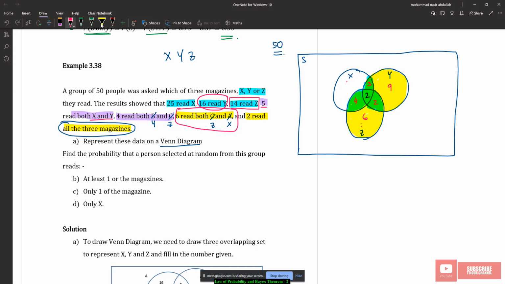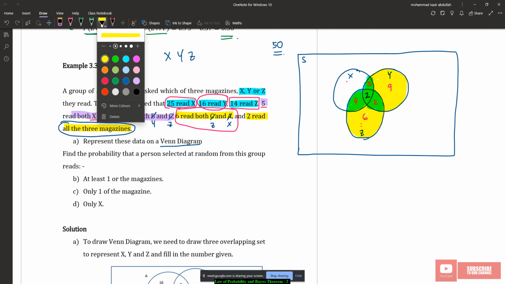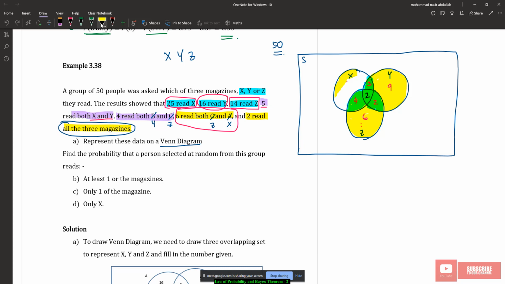And then the last one is 25. 25 are reading X magazine. So we color X magazine here. So 25 minus 4, 25 minus 5 minus 4, so should be equal to 16. Is it? Can you calculate for me?